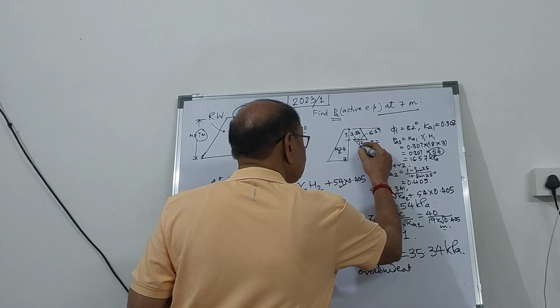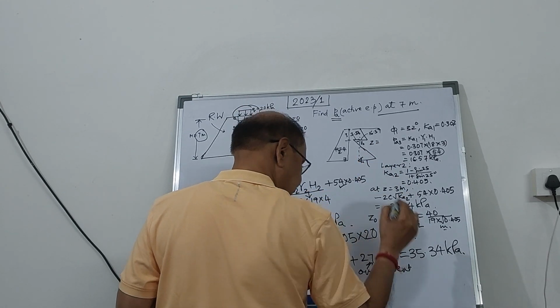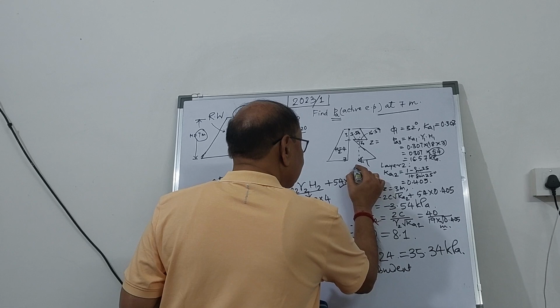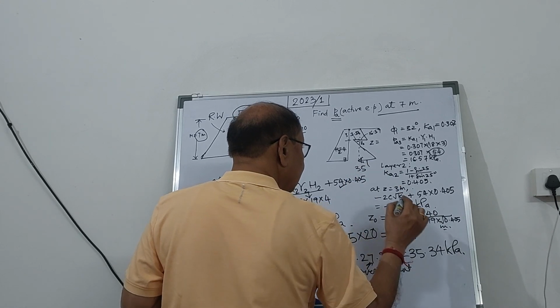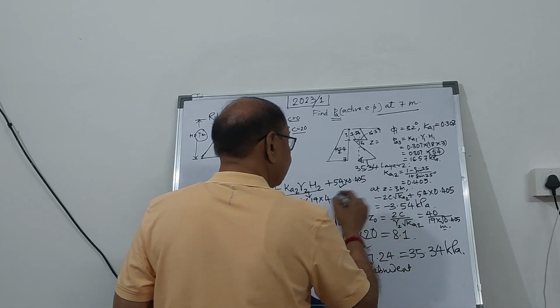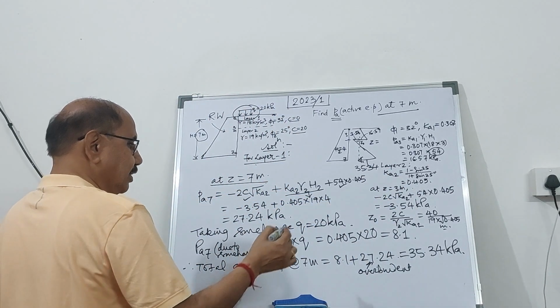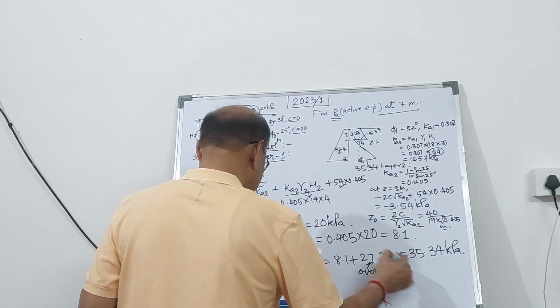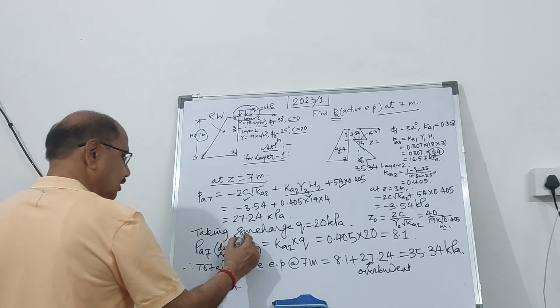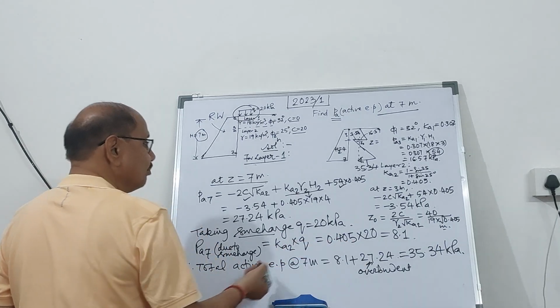So this problem has been solved; the pressure here is going to be 35.34. So we can get the net pressure at 7 meter. Due to surcharge, you can calculate it separately, K2 into Q, very simple way.